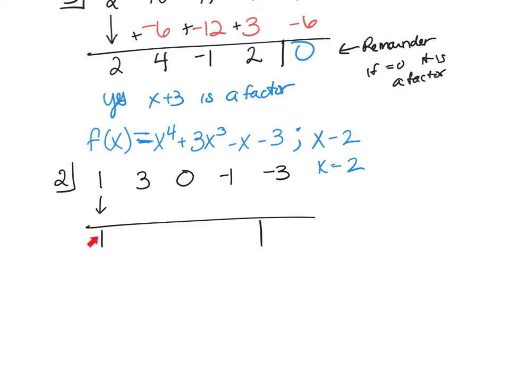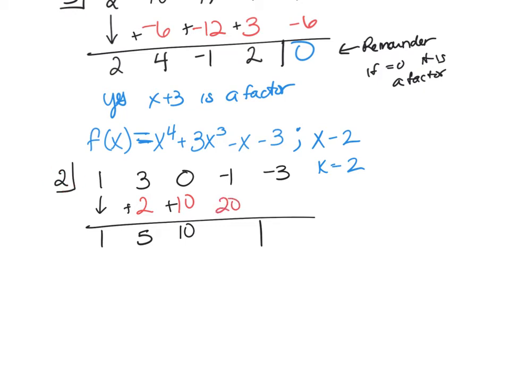1. 1 times 2 is 2. Then we're going to add. 3 plus 2 is 5. Then 5 times 2 is 10. We're going to add. 0 plus 10 is 10. 10 times 2 is 20.